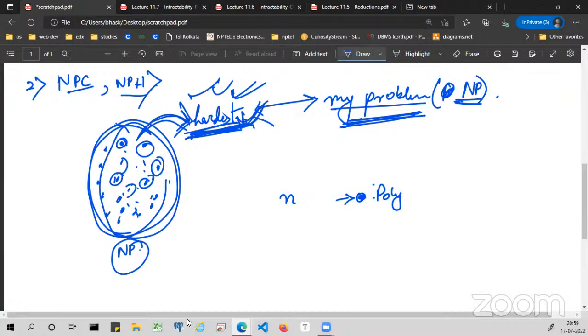But what is the other alternative? The not so brainy alternative. You are not using any algorithm or anything. Simply enumerate all the possible permutations, check one by one whether the property is applicable or not. Simple approach, n factorial, right? So the algorithmic approach is taking you a polynomial time, let's say order of n to the power 4, suppose.